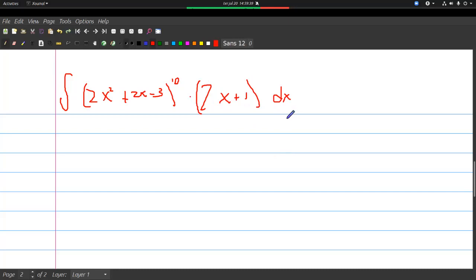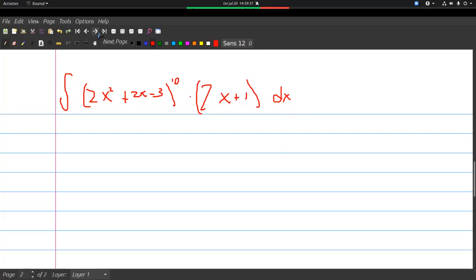This dx over here is once more saying that we are doing this integration related to x.